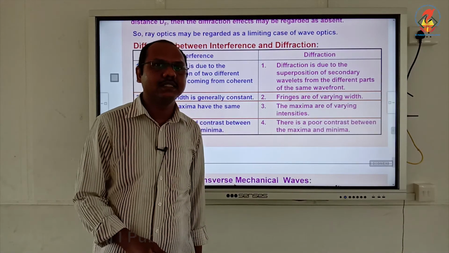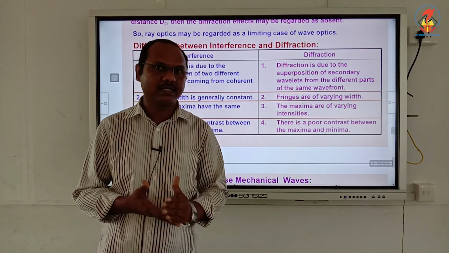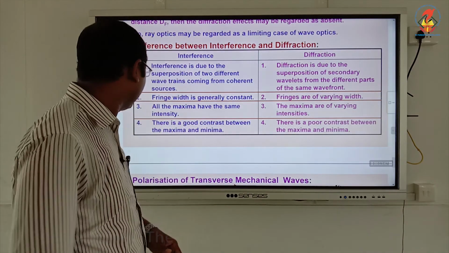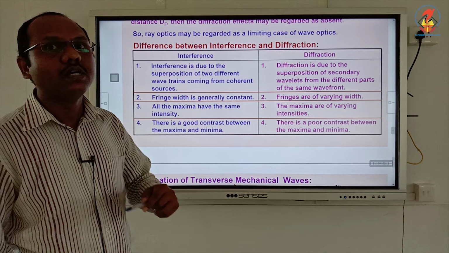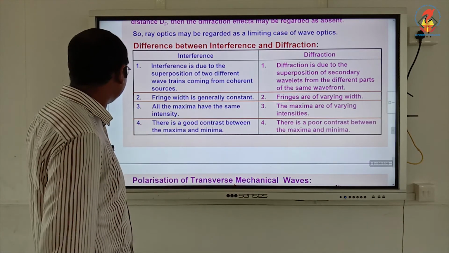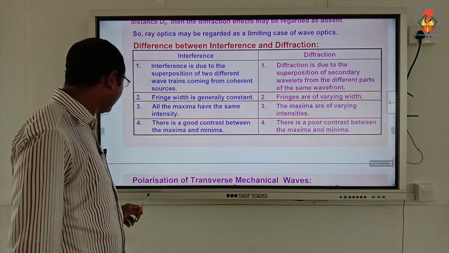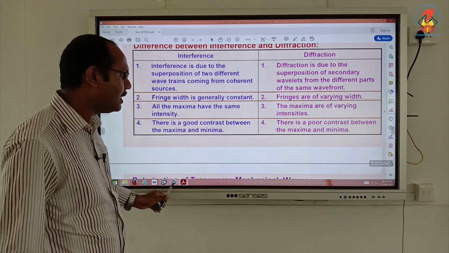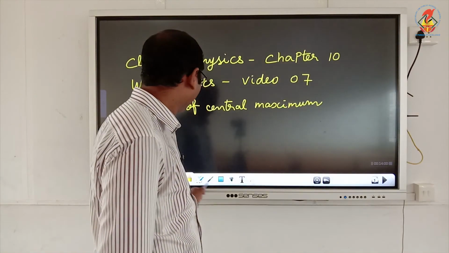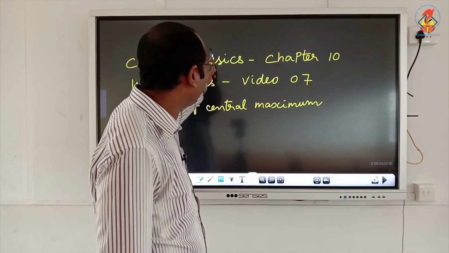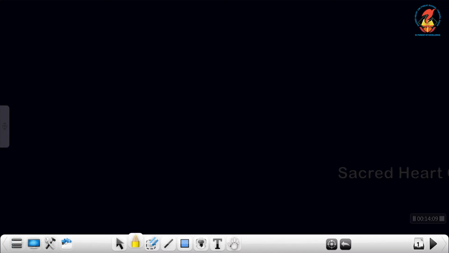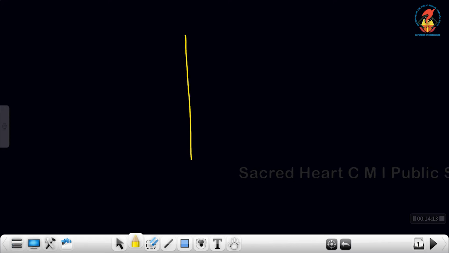With this, the diffraction topic is coming to an end, and they can ask you to draw the intensity variation. How will we draw the variation in intensity? For interference, I already told you all the fringes are of the same width and same intensity. But for diffraction, it is not like that.